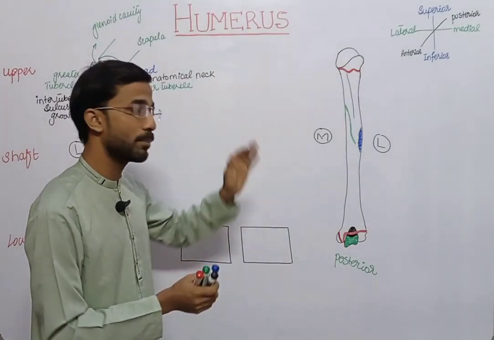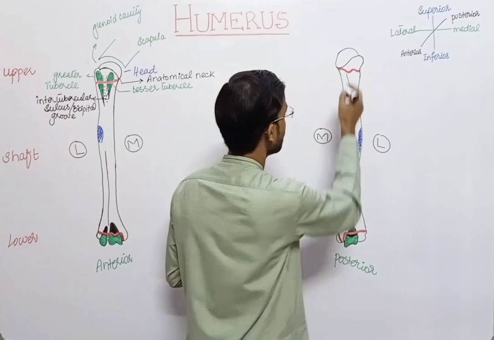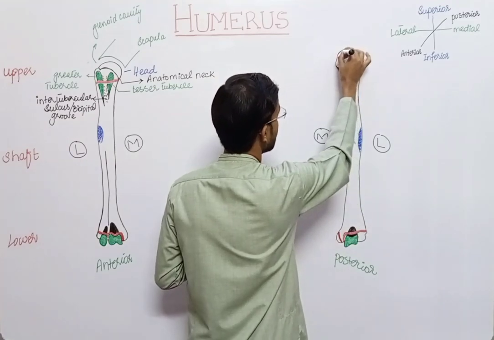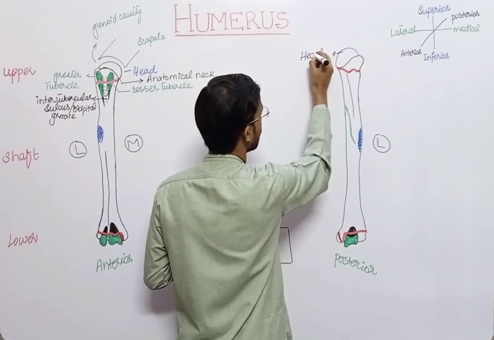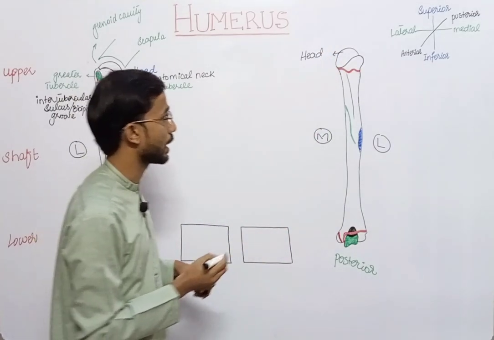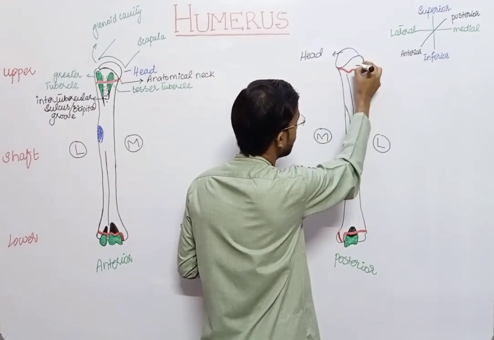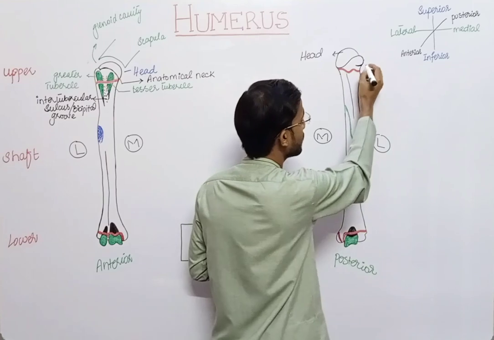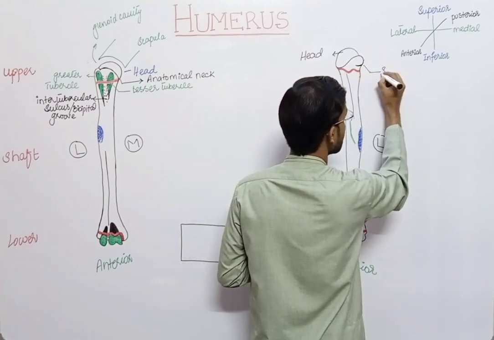If we look at the posterior view, here you can see the head, same as at the anterior side. And there is another neck which is present at the posterior side, and this neck is called the surgical neck.